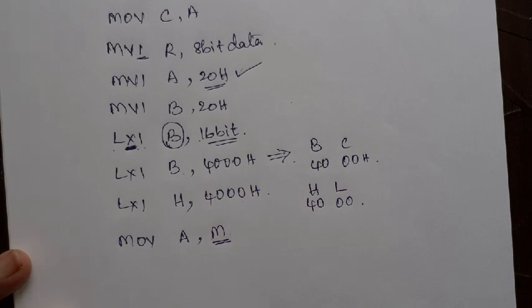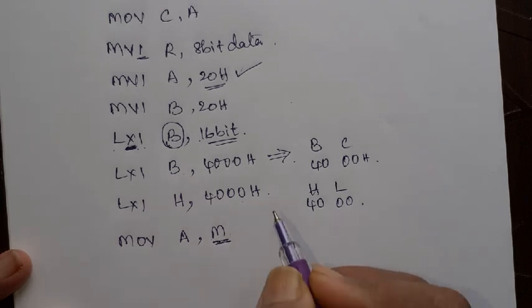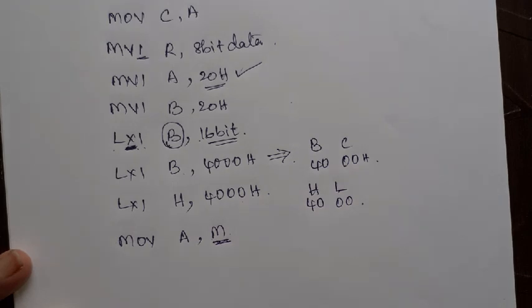Where is the address of that memory location? It is implied in this instruction that the address of this memory location will be in the HL register. So it will take the address from the HL register. From that memory location, the data is transferred to the accumulator.